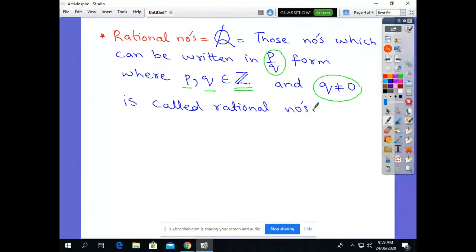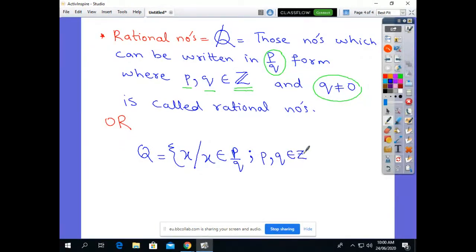How do we define the rational numbers in set builder notation? In set builder notation, the rational numbers can be defined as Q is equal to X such that X can be written in P over Q form, where the condition is P and Q belong to integers and Q is not equal to 0.